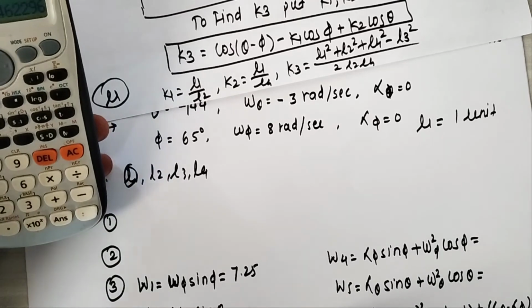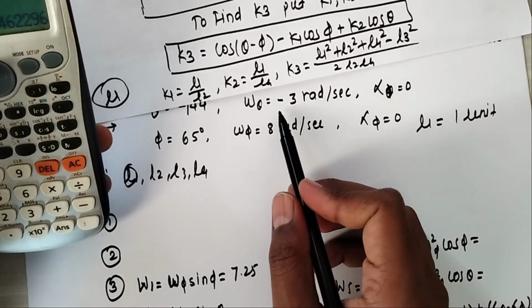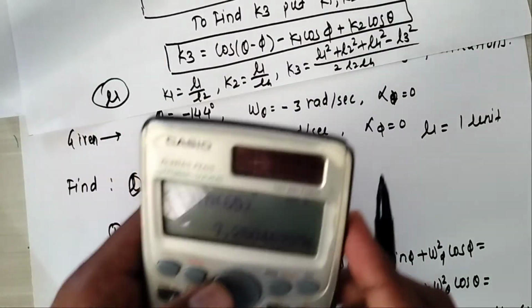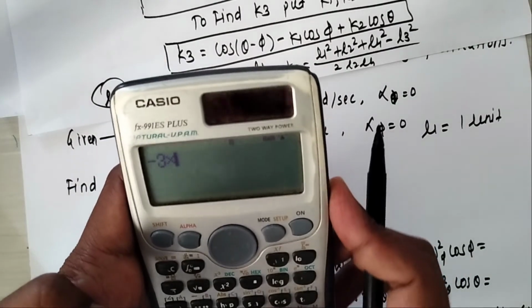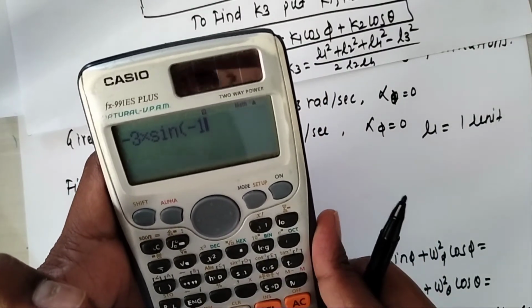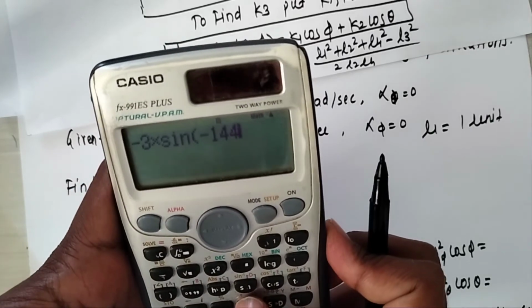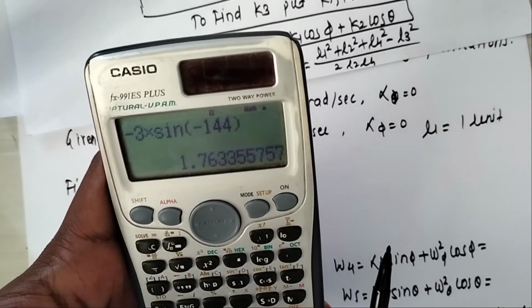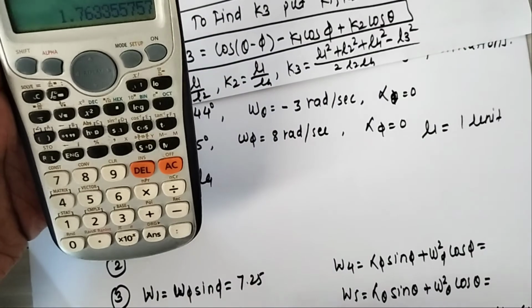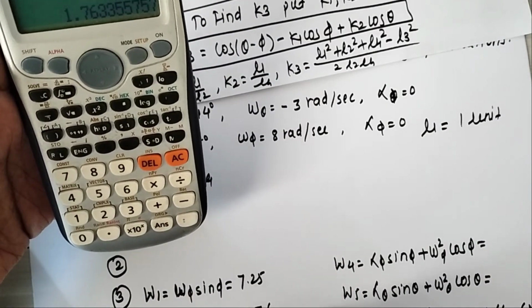Similarly, we can find omega theta sin theta. Omega is minus 3 into sine of 144. So it is minus 3 into, it is 1.76. Similarly, we can find all values.